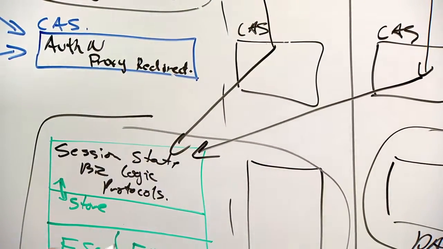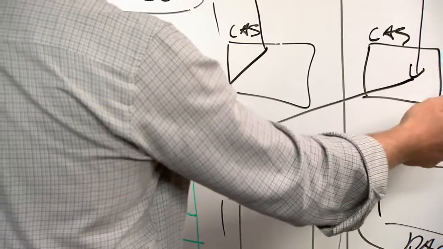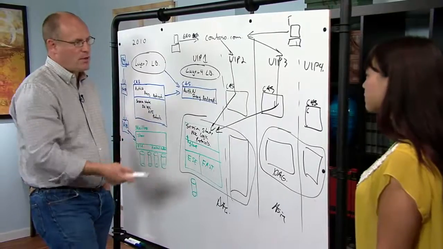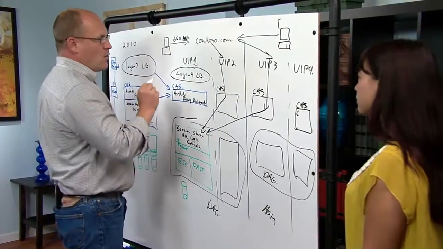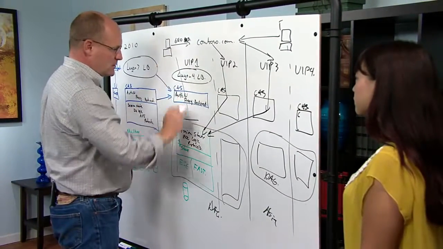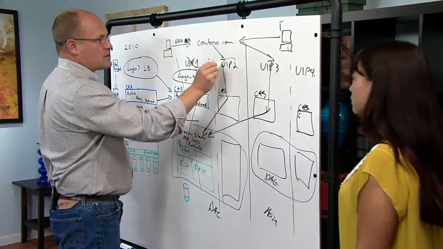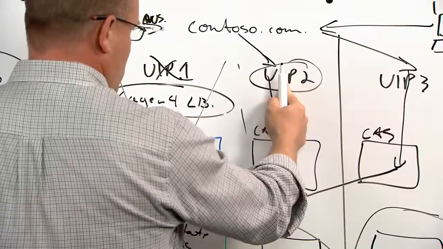Okay. So it means that you take advantage of your CAS arrays across the entire world so that when people are moving around, they get a great experience. And as well, if you were to lose one of your DCs, remember, this VIP has gone away, but this is just part of the round robin. So she'll end up just going back to here.